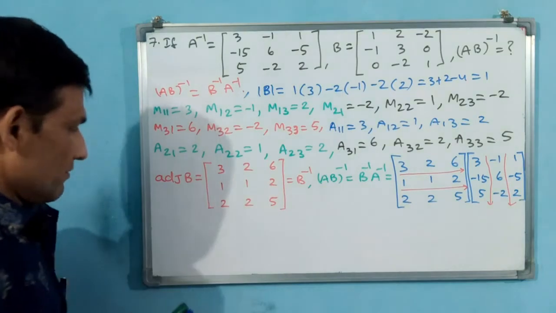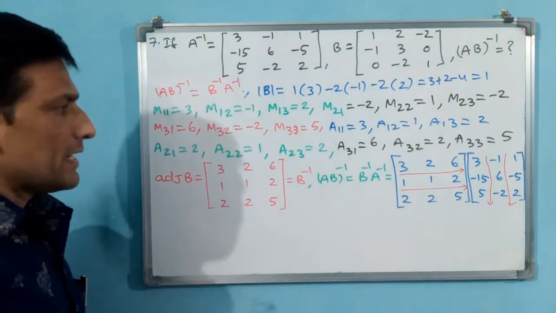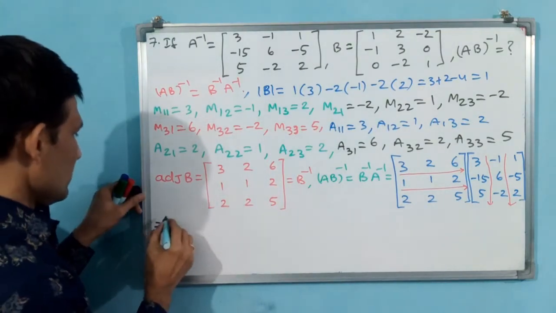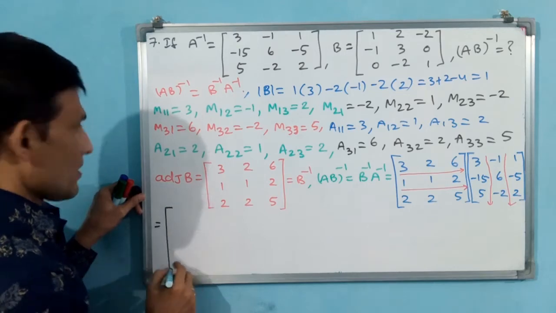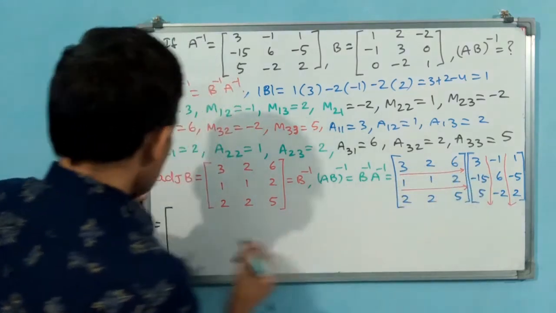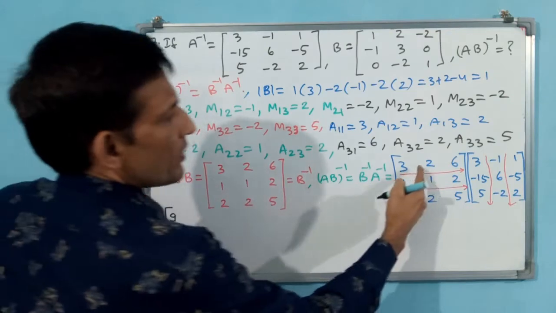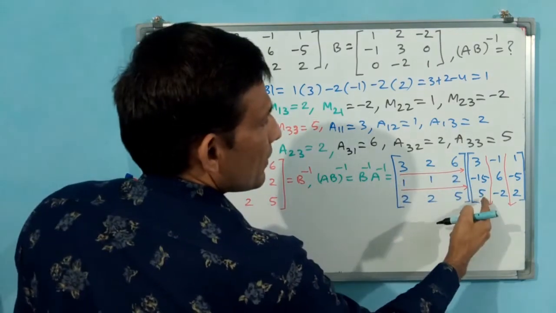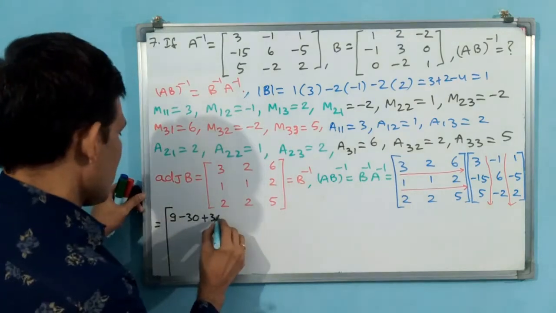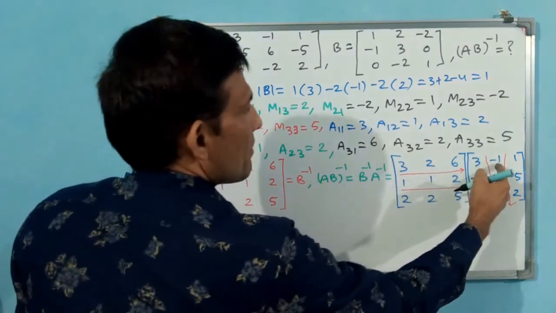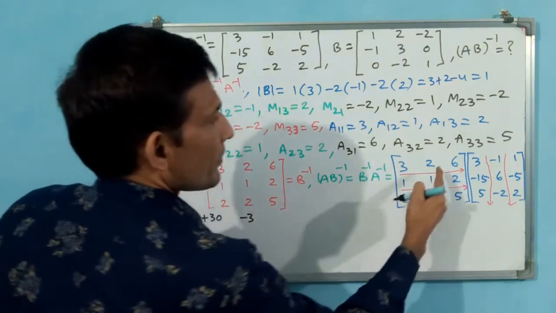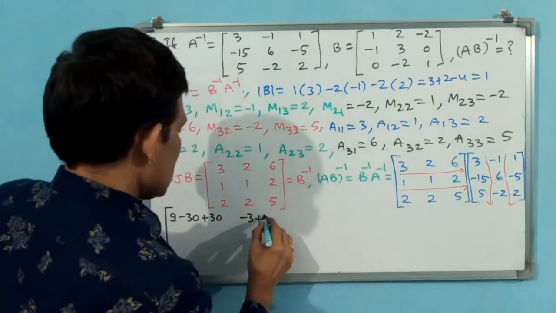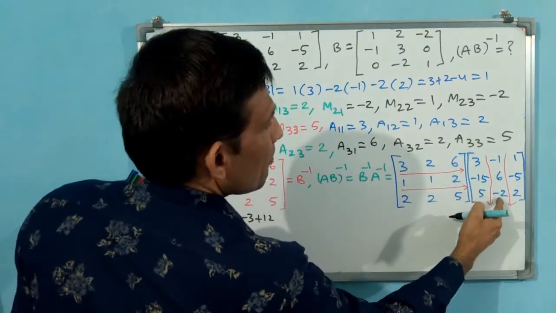Okay, now let us do the calculation. That is equal to 3 3s are 9 minus 30 plus 30. Then minus 3 plus 12 minus 12.